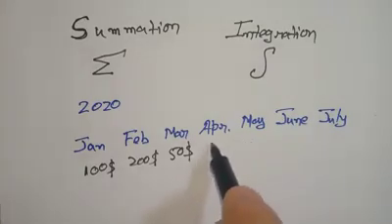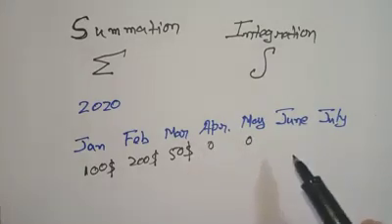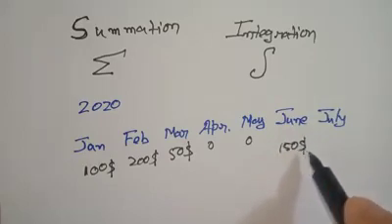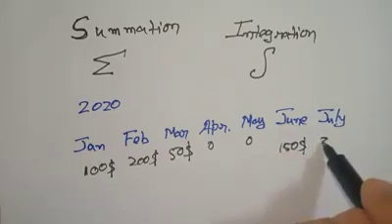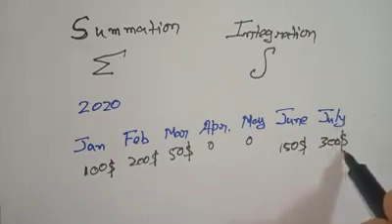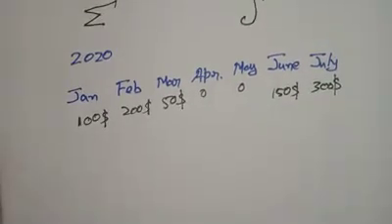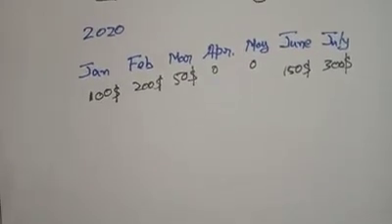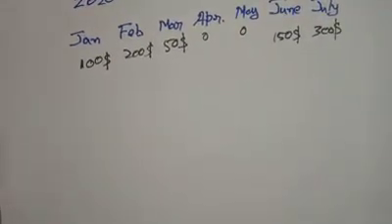April and May it has been $0, and in the month of June we get $150, and in July we get, say, $300. This is the kind of average income for that company. And if we plot those figures in a graph, how is it going to look?